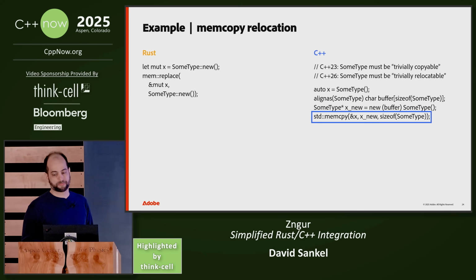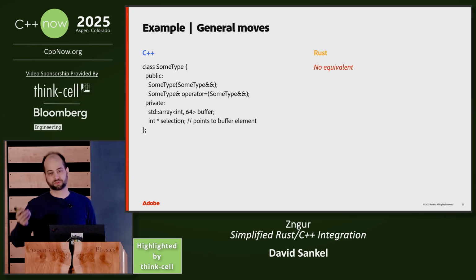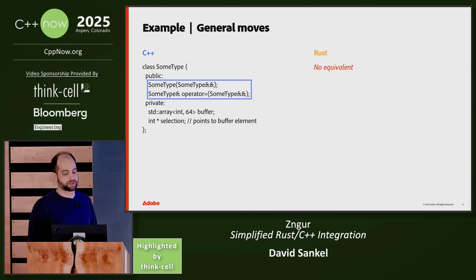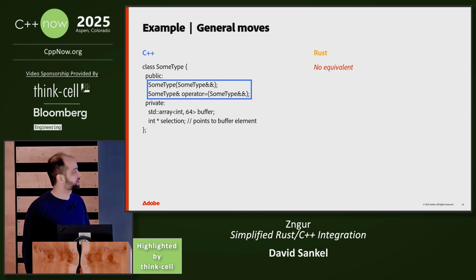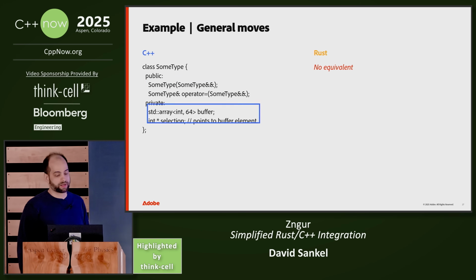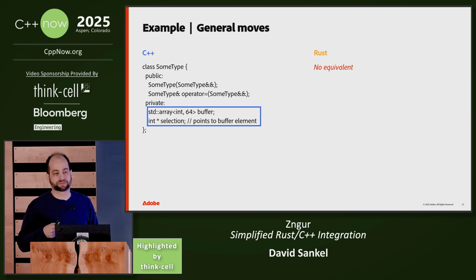All right. So now talking about the other direction, the general moves. In C++, we have some type here, and it has the move constructor. It has a custom move assignment operator. And in its data members, we have a buffer array, and some kind of int pointer which points to something in that buffer.